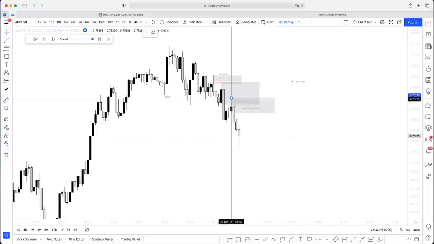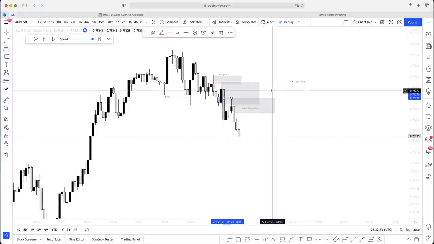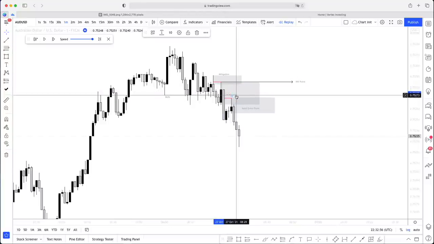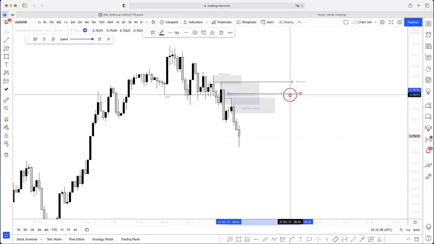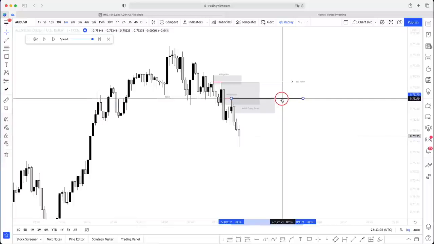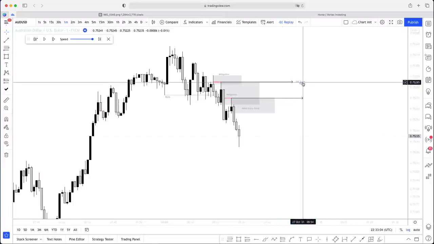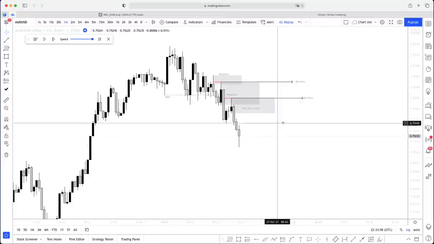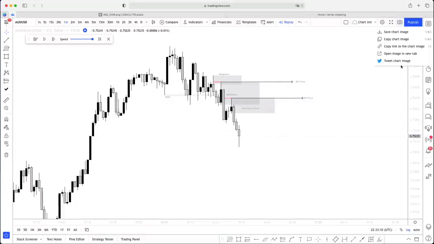Now the thing about mitigation, you have to make sure it's clear, okay? If it's not clear, then there's no point marking it out as mitigation because you can't confirm. Same thing with your invalidation points, because if your mitigation is not clear to you, then your invalidation point is going to be wrong as well, okay? So that's essentially what you can do next.